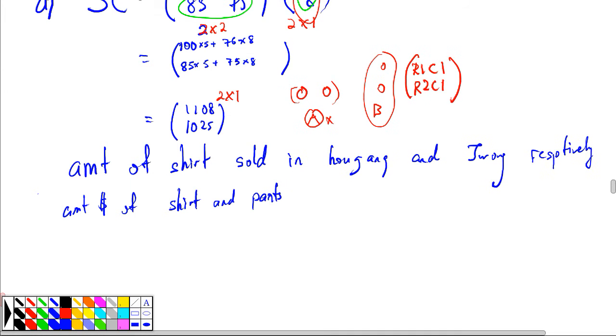Selling. Wait. Are you writing? You're not copying, you're writing your own one. I'm going to ask. You're not just waiting for him to answer. Come. Earned in Hougang and Jurong respectively. Okay, you are creating your own one. I'm not saying this is right or wrong.